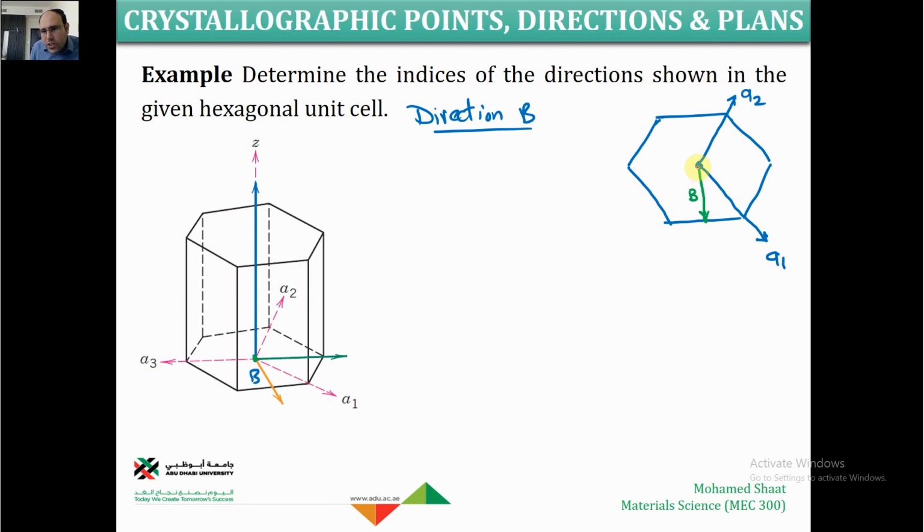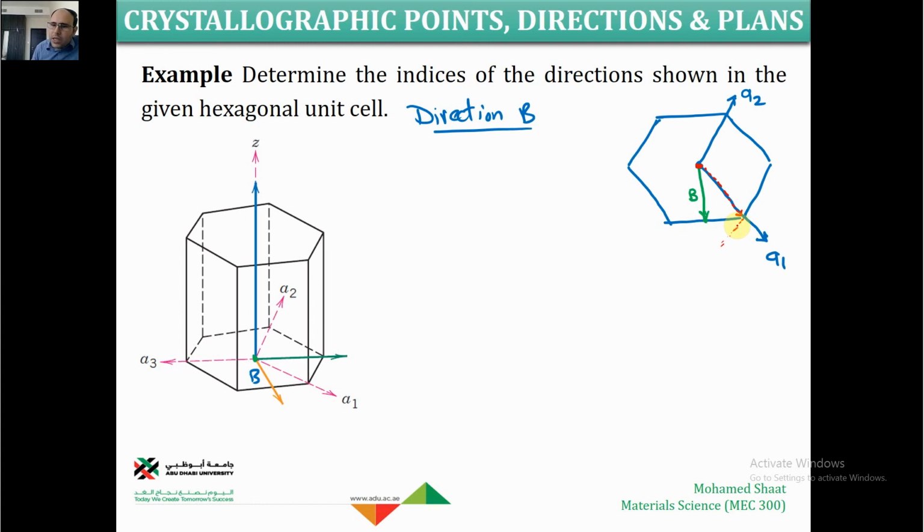If we start from here, I simply move A1 in this direction, parallel to A1, the entire A. Then your objective is to move parallel to A2. But if I try to move parallel to A2, I should move this way, so you skip the end point.